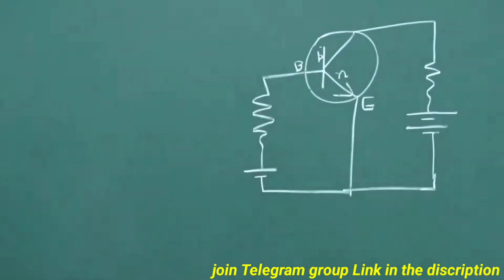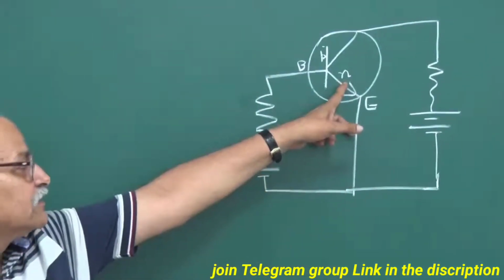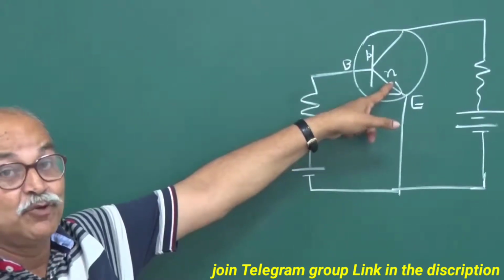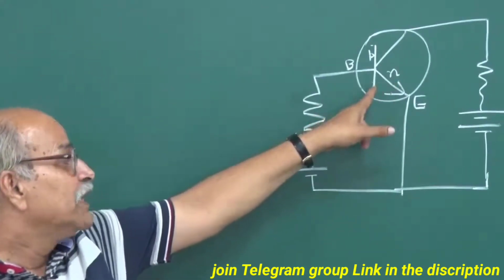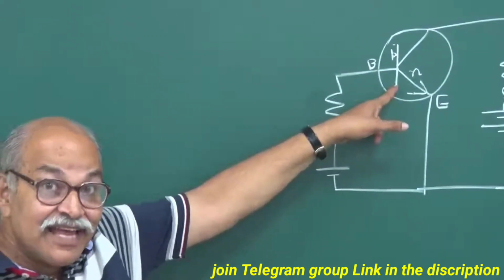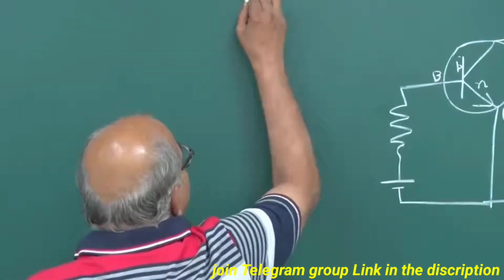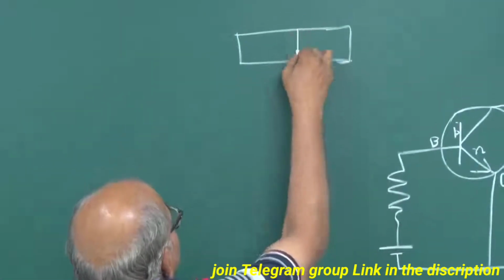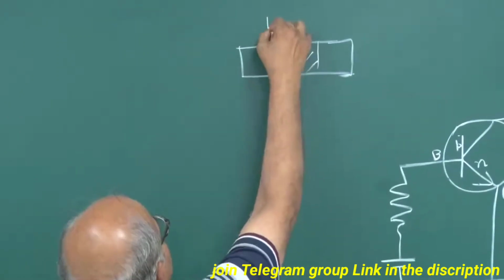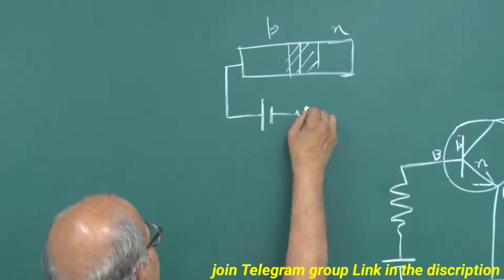This is forward biased, and this N is heavily doped, emitter is heavily doped, and the base is lightly doped and is very thin. So, what happens if you have a normal PN junction? If you have a normal PN junction, you have depletion layer, P side, N side, and then you forward bias it.